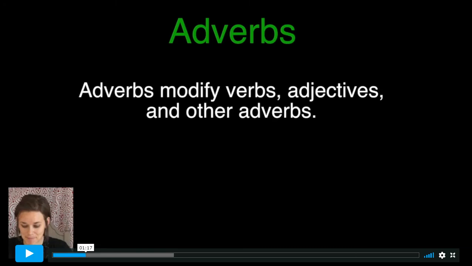Remember that adjectives can only modify nouns and pronouns, but adverbs can modify verbs, adjectives, and other adverbs. This is important.